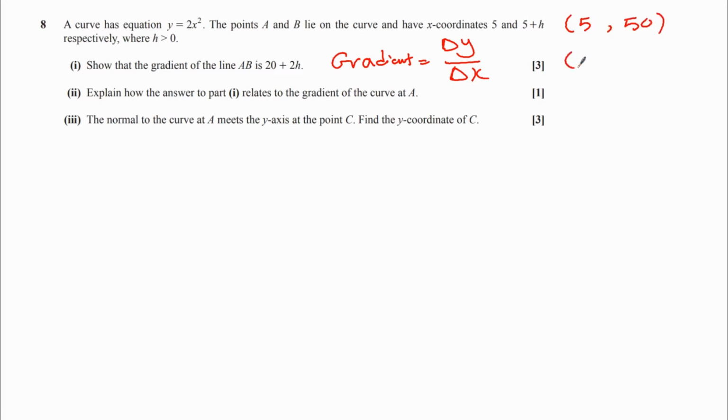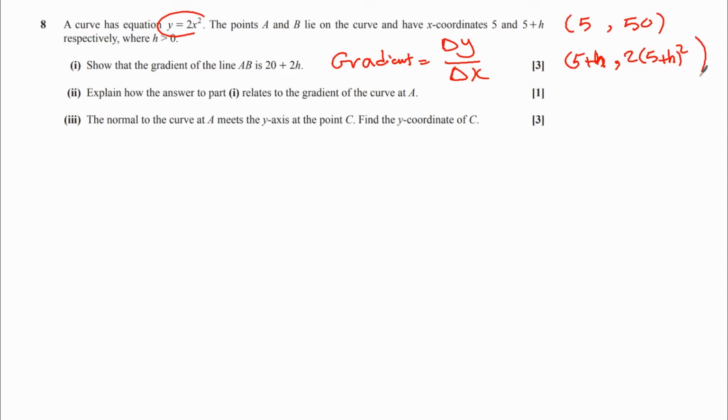The second one, the x is 5 plus h, and then we need to put 5 plus h in here to find y. That would be 2 times 5 plus h squared. I'm going to expand it later, but just write it for now: 2 times 5 plus h squared.